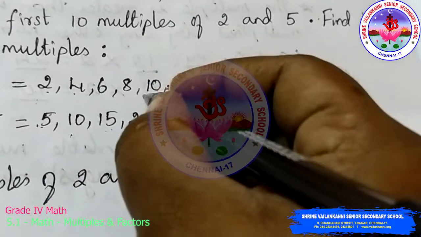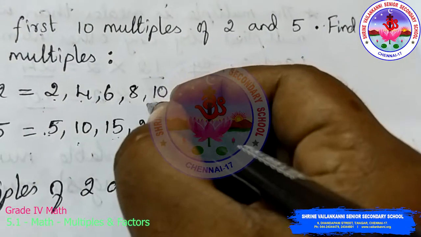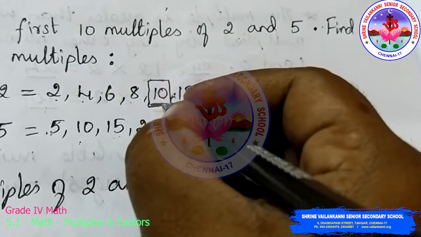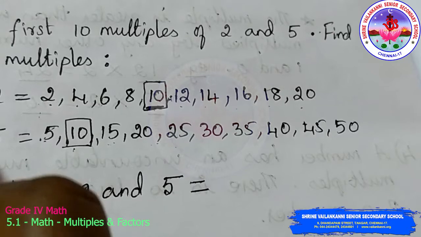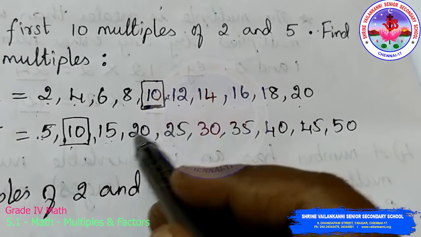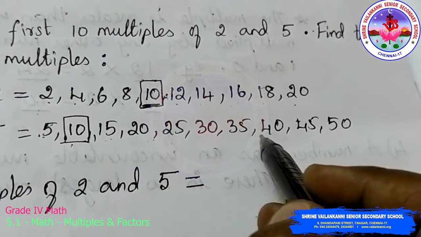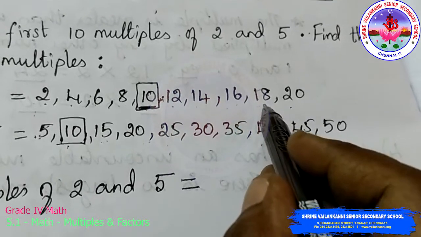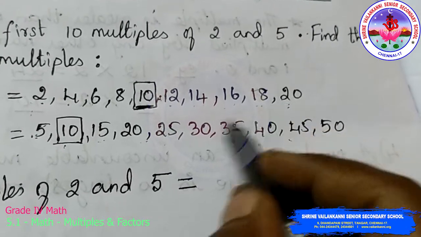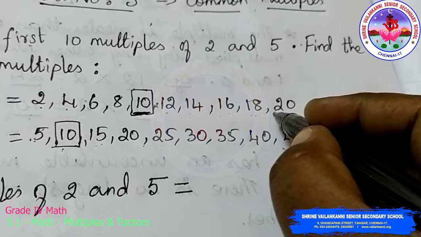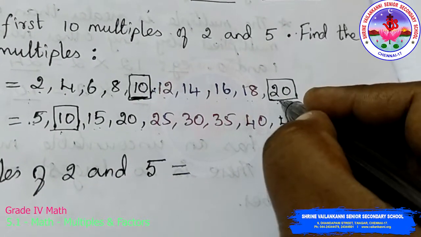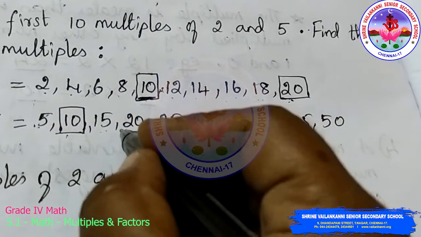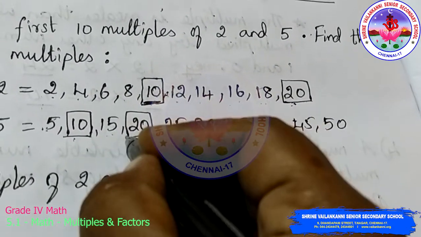So this 10 is a common multiple of 2 and 5. And then 12, no. 14, no. 16, no. 18, no. 20, yes. If you take 20, in the multiples of 2 we get 20, and in the multiples of 5 also we get 20.